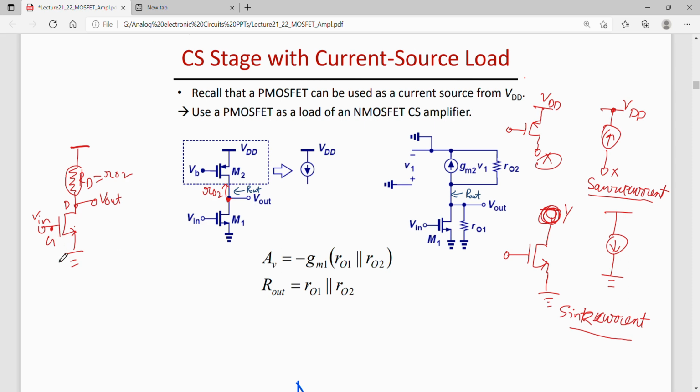And the gain of this amplifier we had already known, it is minus gm RO parallel to RD. Since this is transistor M1, I write minus gm1 RO1 parallel to RD, and RD here is RO2 of M2. So I replace RD by RO2, so this becomes minus gm1 RO1 parallel to RO2. So the gain of this circuit is minus gm1 RO1 parallel to RO2.